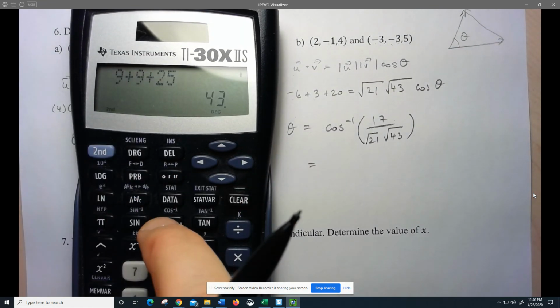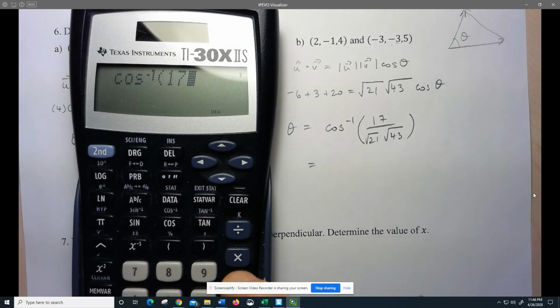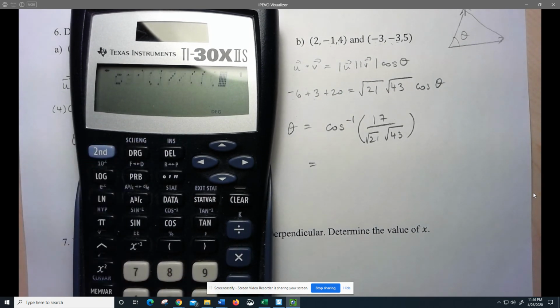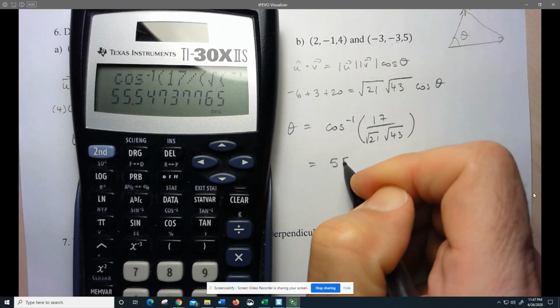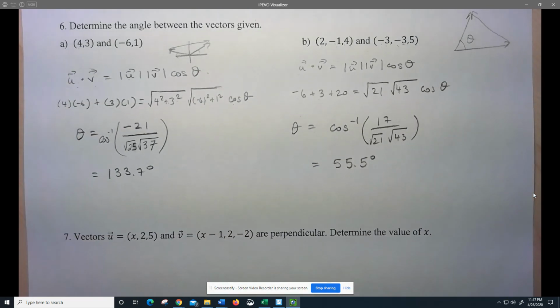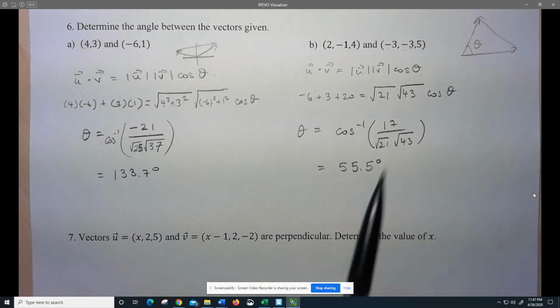Cos inverse of 17 divided by, open up a bracket, square root of 21 times square root of 43, and we get 55.5 degrees. Okay, much faster than the other alternative we mentioned earlier.